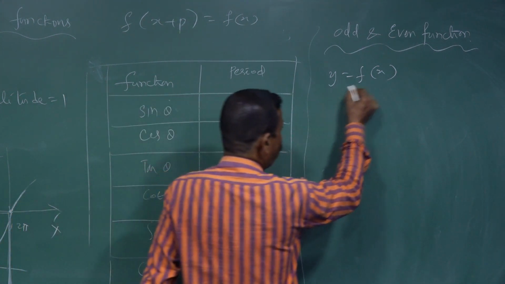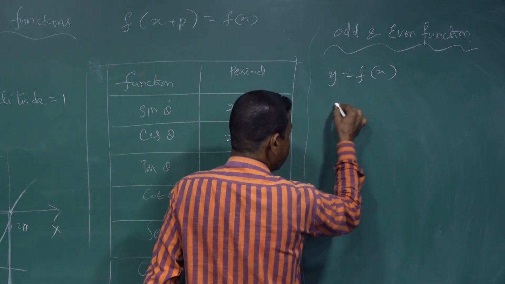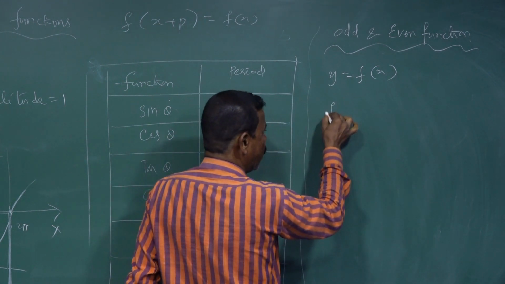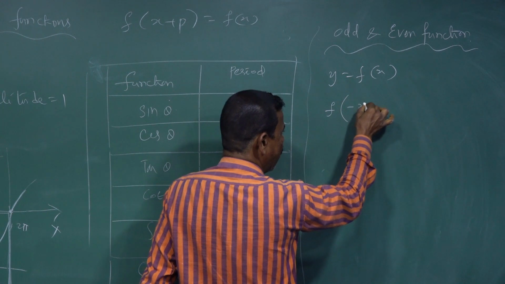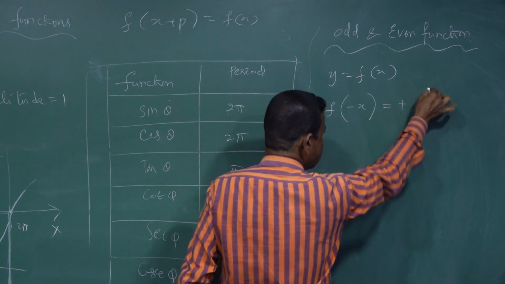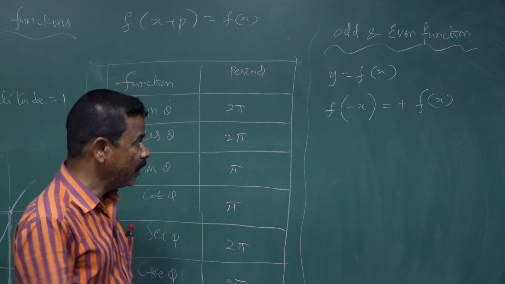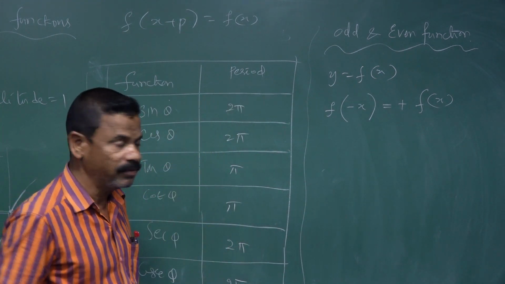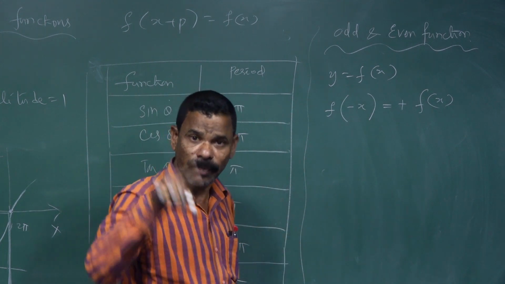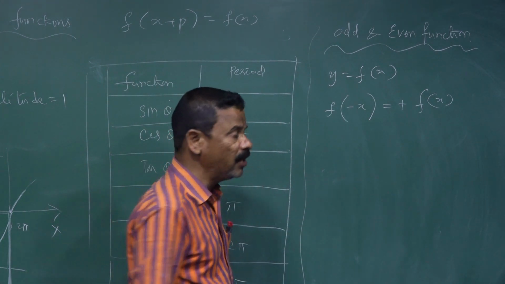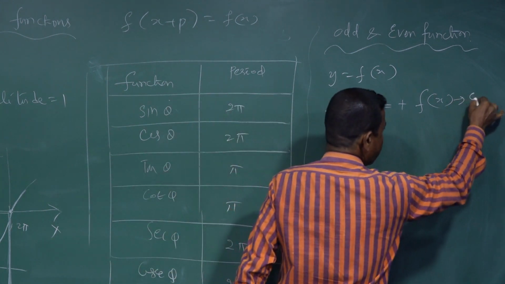So y is equal to f of x. Instead of x, put minus x. If f of minus x is equal to plus f of x, then it is called an even function. This is the even function.